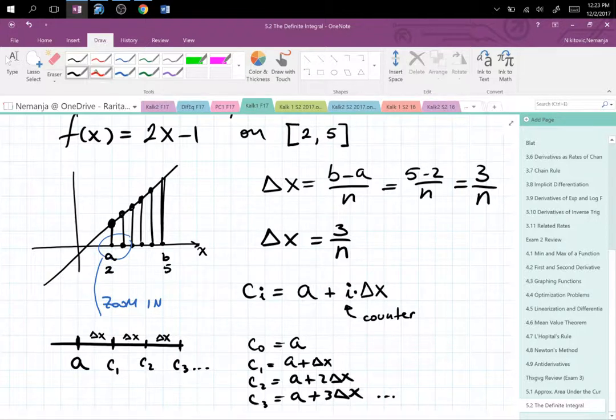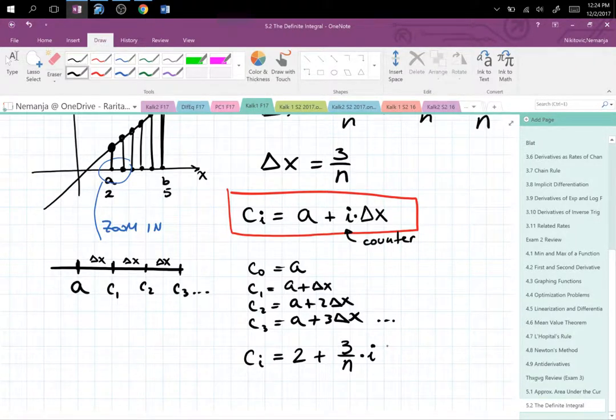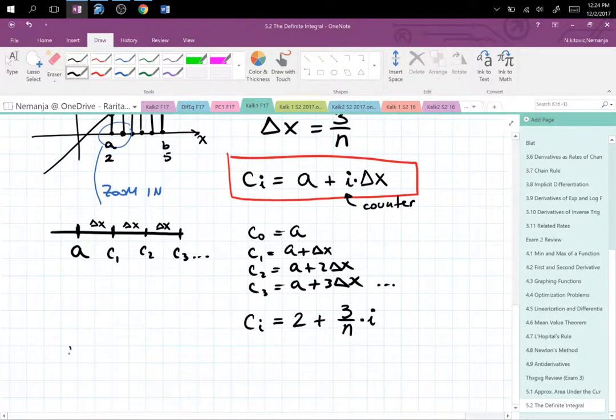So this is a formula. And I know what A and delta x are. So I have that Ci is equal to 2 plus 3 over n times I. Please do not confuse this I with the complex I. It has nothing to do with it. I is a counter. So now I have delta x and I have Ci. I need to create f of Ci.